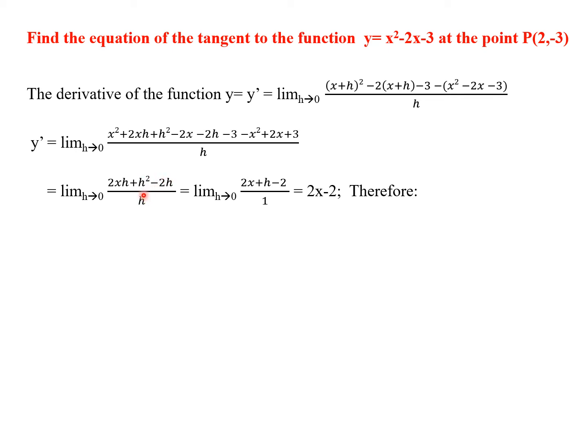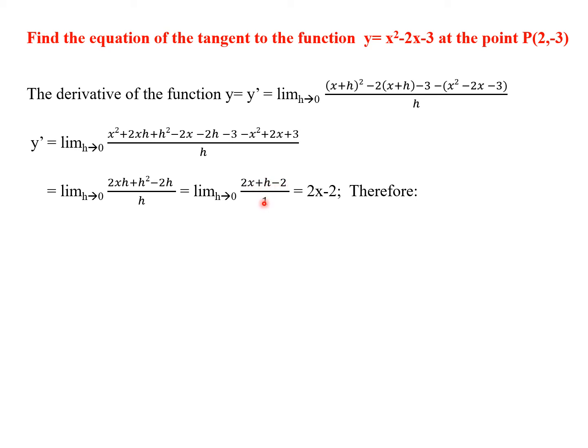We can see that each and every term in the numerator has h as a factor, so if we factor out h, then the h will cancel the h in the denominator, and the numerator will be 2x plus h minus 2 divided by 1.